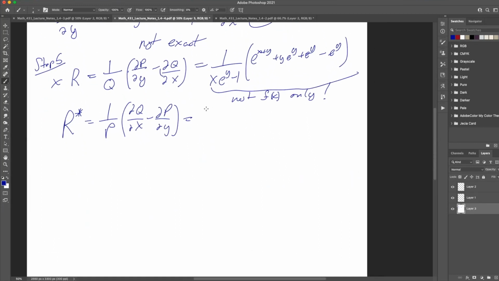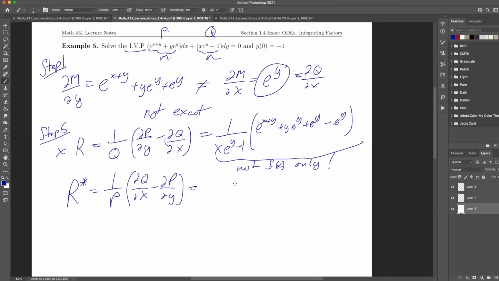So here I'll have 1 over, I gave myself a little too much room, 1 over this, so it'll be e to the x plus y e to the y times, here we'll have e to the y minus this times e to the x plus y minus y e to the y minus e to the y.